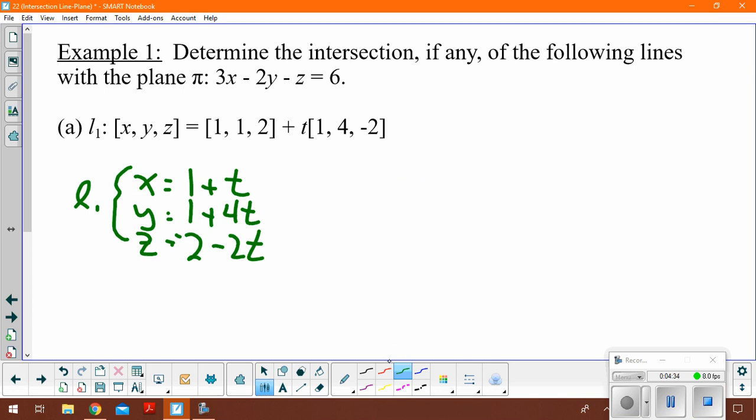Now I'm going to take the equation of the plane and substitute in my parametric expressions for x, y, and z, wherever I see x, y, and z in the equation. That's pretty much the whole thing.